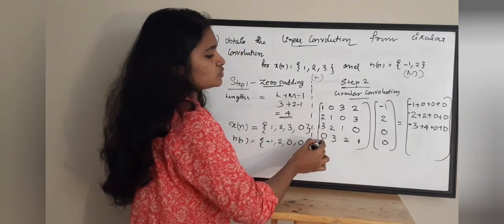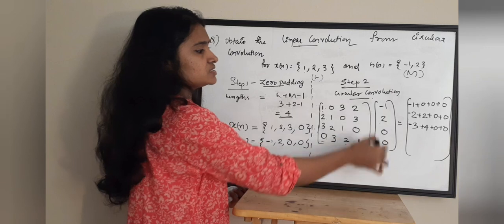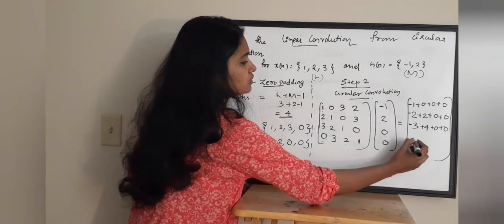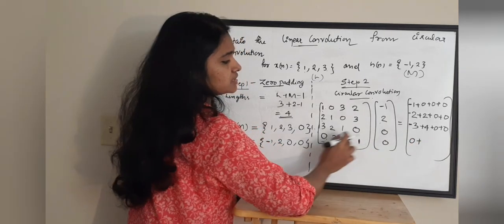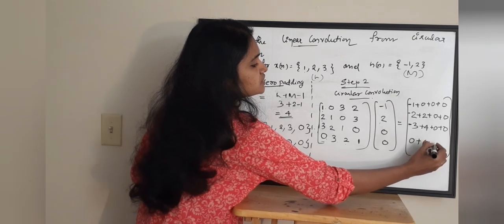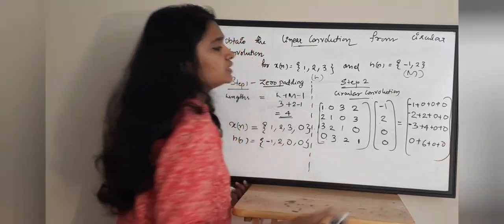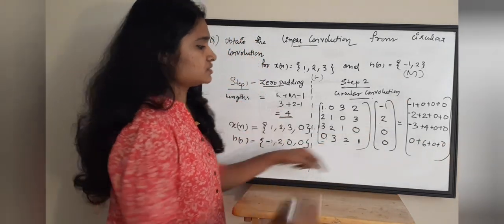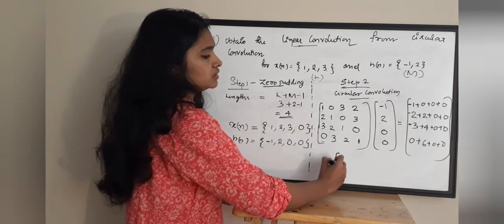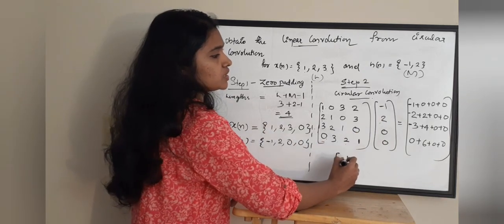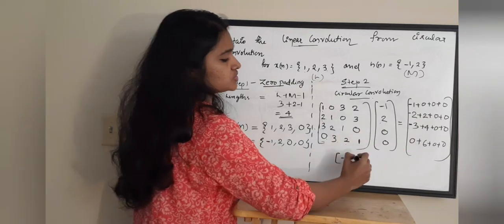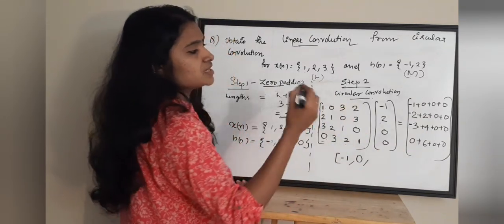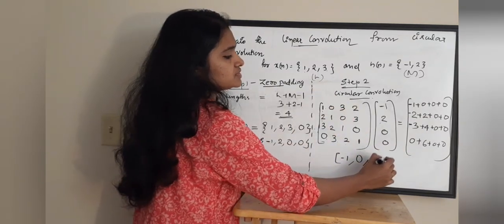So for the last row, take this last row, multiply with this column. It is 0 plus 6 plus 0 plus 0. So now the result is, I'm going to write it down. Result is minus 1, minus 2 plus 2 is 0, minus 3 plus 4 is 1, 6.